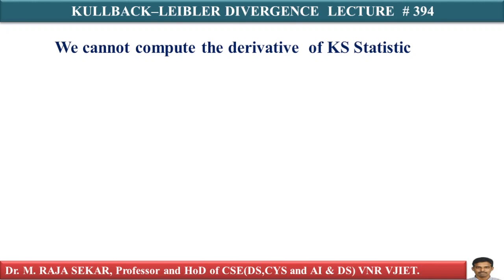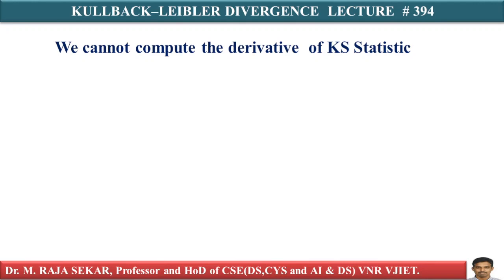The moment you can't differentiate K statistics, you can't use it as a loss function in optimization based machine learning models. That's what your logistic regression, linear regression, and SVM all are.